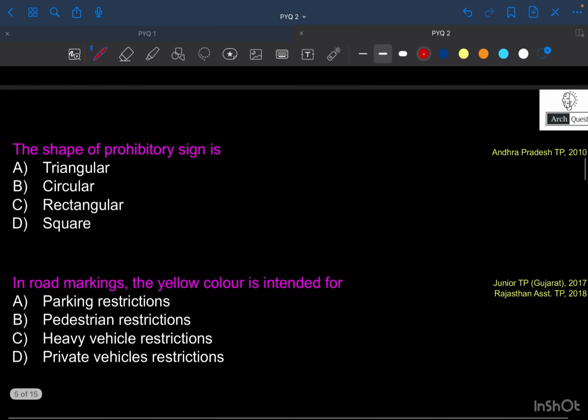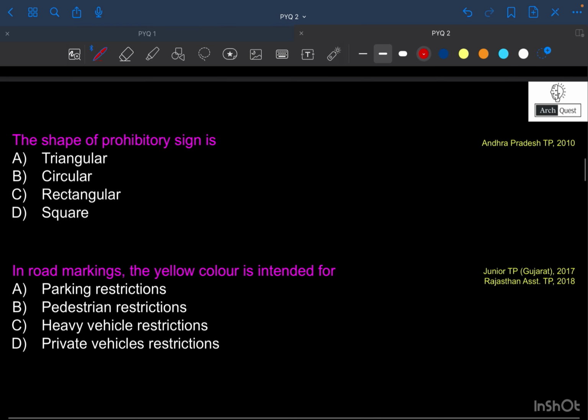Great. So next let's solve a few questions, faster questions. The first one is, the shape of prohibitory sign is what?